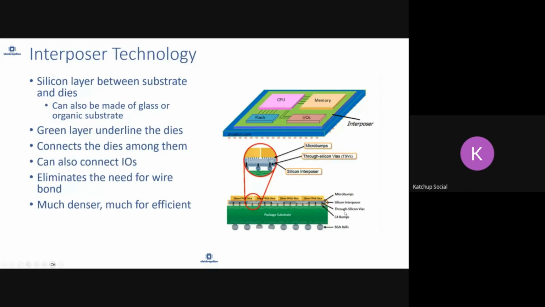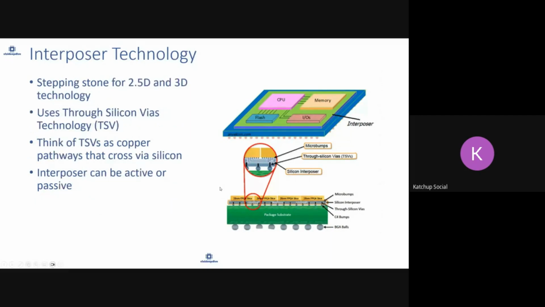So think of this as your silicon interposer. Here you will have multiple different ICs or chips, and they connect to each other using wires which connect from one IC to another, and there is also vertical connectivity in this. So let's see one more aspect. This is basically a stepping stone for 2.5D and 3D IC integration.